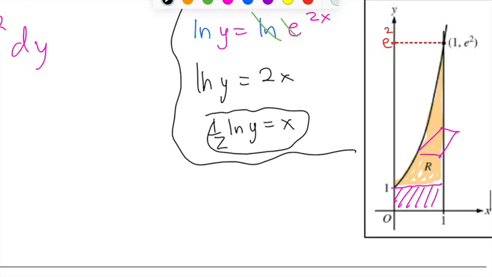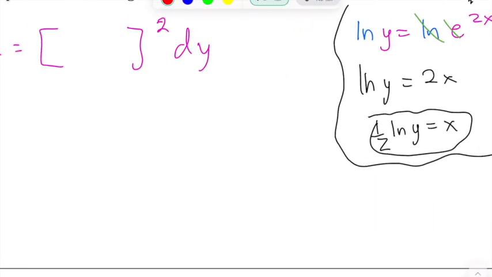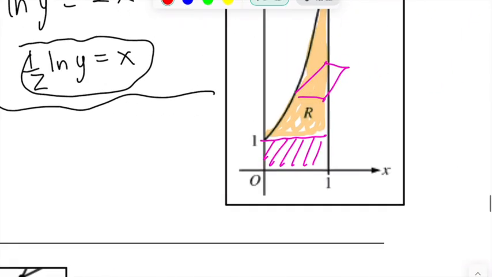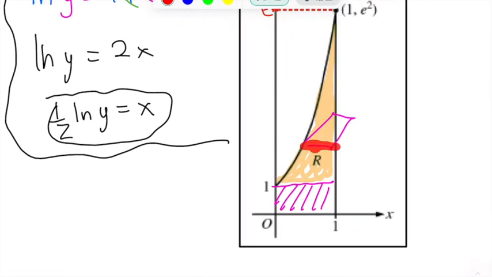Okay, so now how do we find the side length of the square? Well, the side length is going to be from here to here, and it's the same way we did before: the upper value minus the lower value.